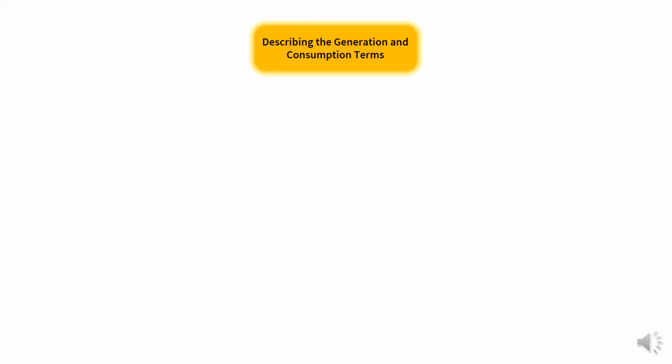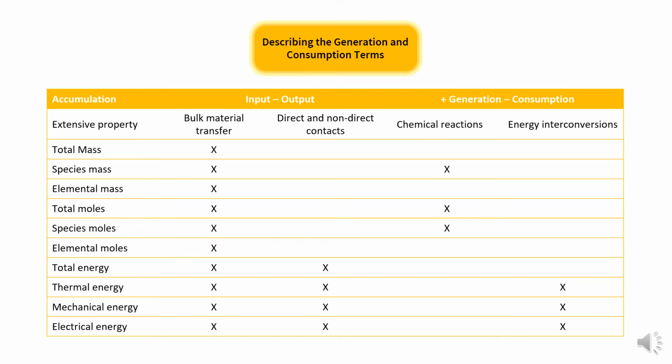This table summarizes the types and classification of input-output and generation-consumption terms. Notice that all extensive properties without any generation or consumption terms are conserved properties.